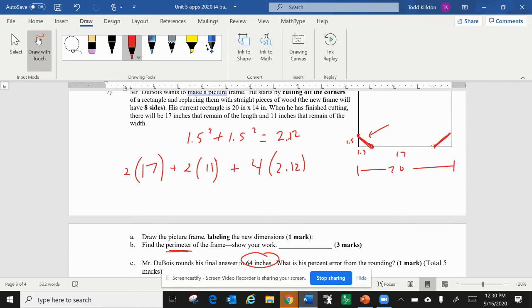So let me calculate that value. Our answer was 64.48, and he rounded to 64. So we always divide by the actual to find the difference there.